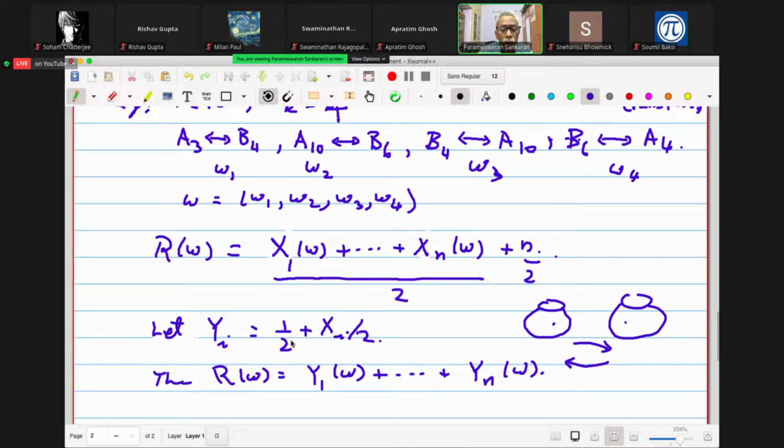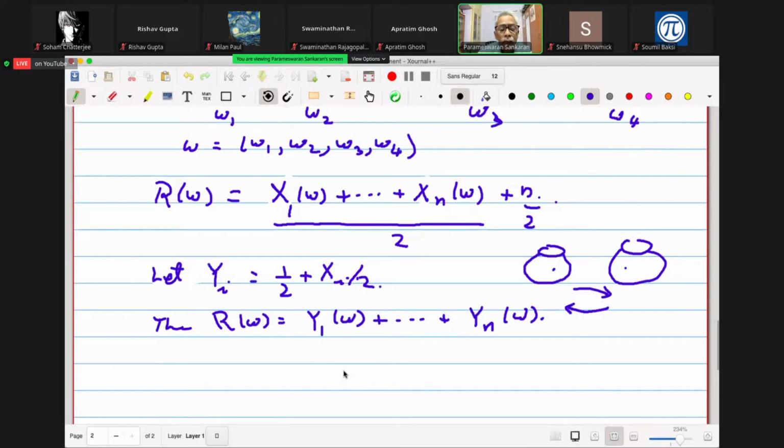That ball is very much there. There is no change. Whereas if it is minus 1, then yi is 0.